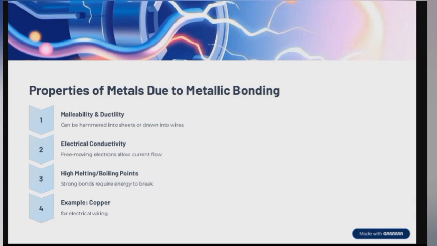This is why metallic bonds are very strong, and that leads to high melting and boiling points in metals. An example is copper, one of the metals with the highest electrical conductivity.